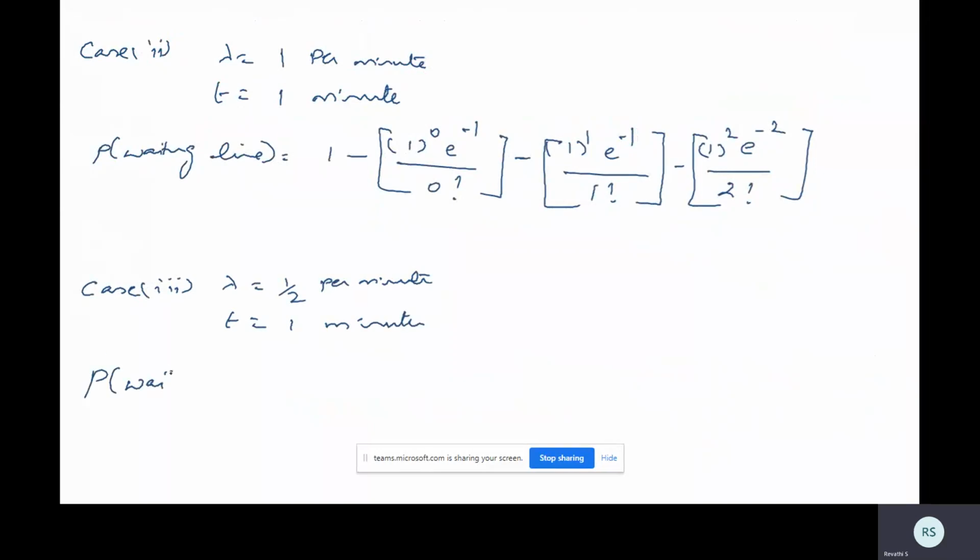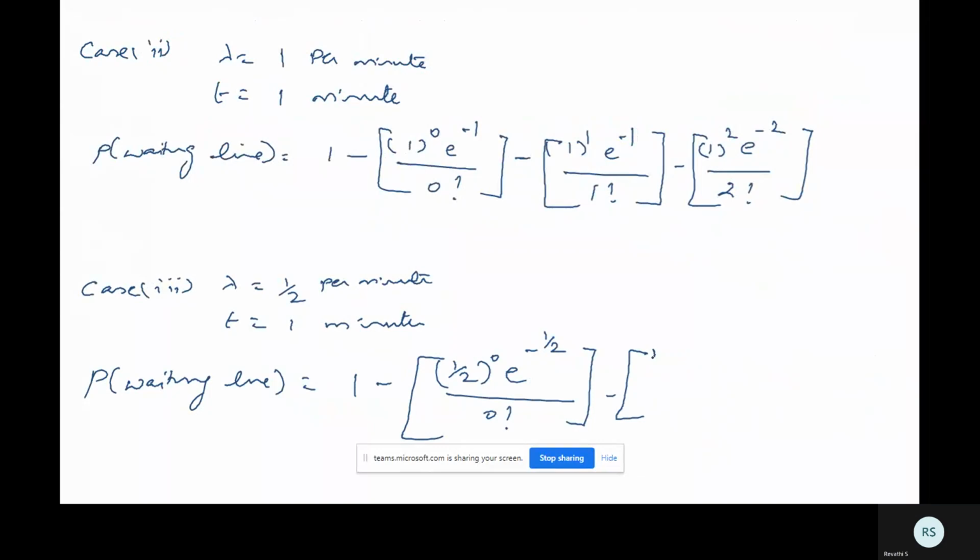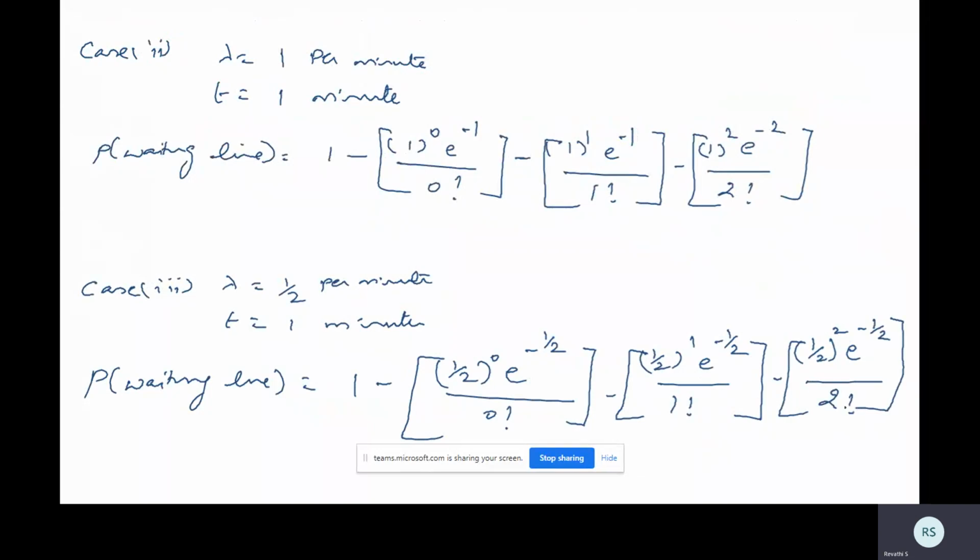So what is the probability of waiting line? 1 minus, lambda t is now 1 by 2. k is 0 for the first case, e power minus 1 by 2 divided by 0 factorial, minus 1 by 2 the whole power 1, e power minus 1 by 2 divided by 1 factorial, minus 1 by 2 the whole square, k is 2 here, e power minus 1 by 2 divided by 2 factorial. See, what I am doing is I am just simply substituting in the formula.